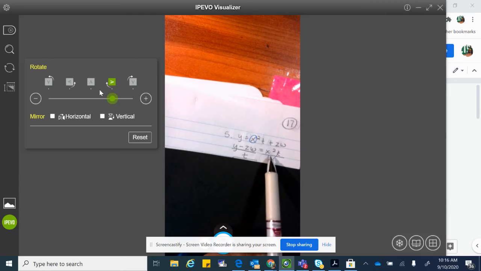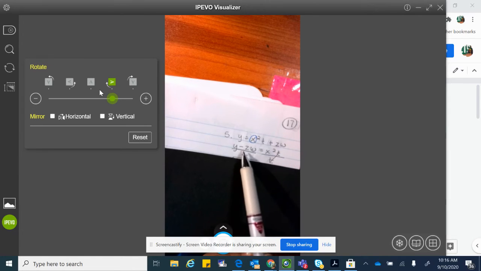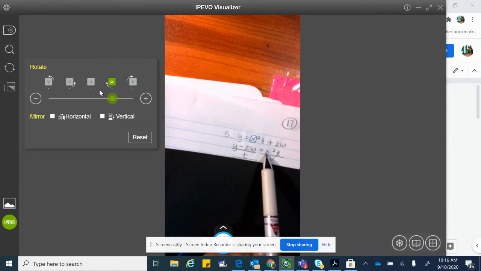When you're dealing with this, you're going to kind of work backwards. You get rid of what you can add or subtract first. So I got rid of the plus zw. So I subtracted that first and put that over there. So I have y minus zw equals x squared t.